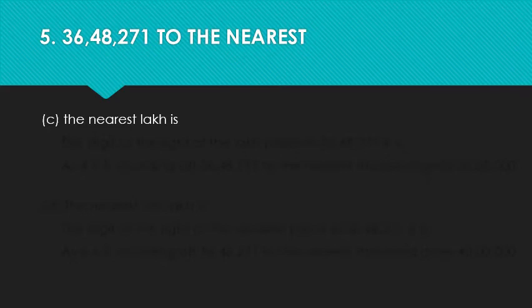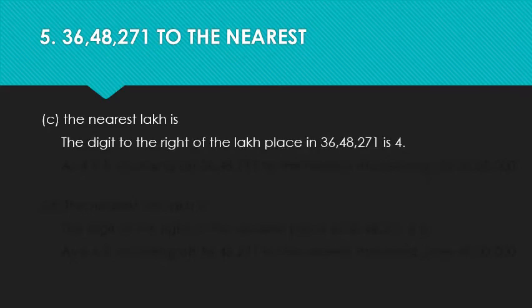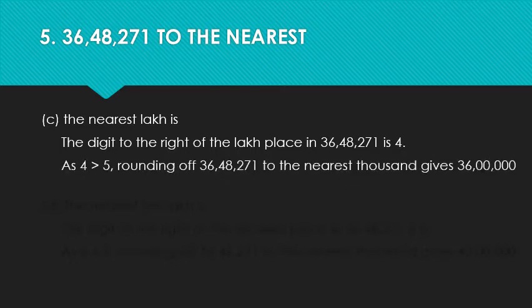The digit at the lakh position is 6, and the digit to the right of the lakh place is 4, but 4 is less than 5. So we will not add 1 to 6, and therefore rounding off 36,48,271 to the nearest lakh will give 36 lakhs.